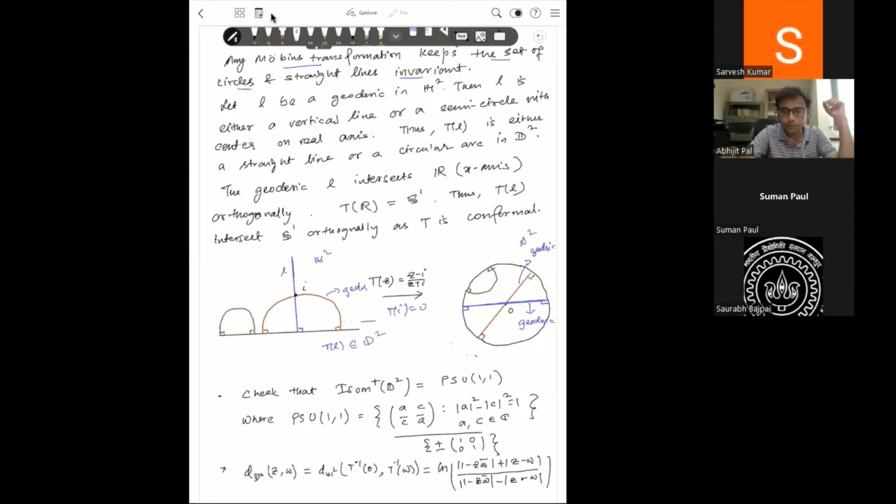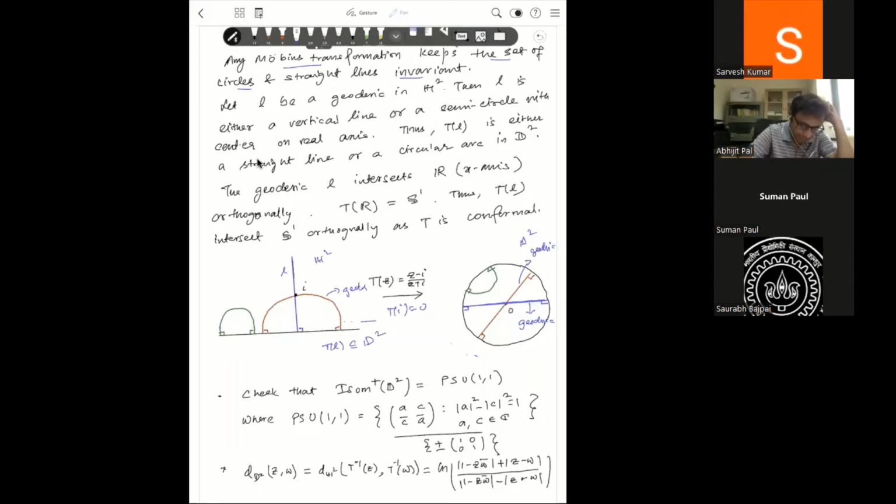Yes, anyone? One end of this line will map to the diameter, that is, the 0 point will map to the diameter, and infinity will map to the opposite point. That's all. I'm not getting what you're saying.